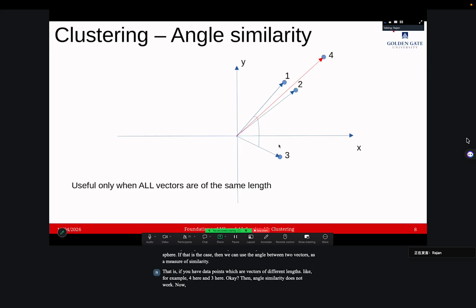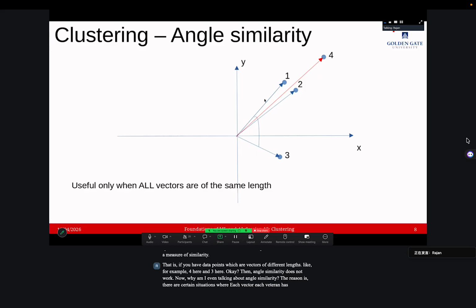Now, why am I even talking about angle similarity? The reason is there are certain situations where each vector has the same length. When does it happen?